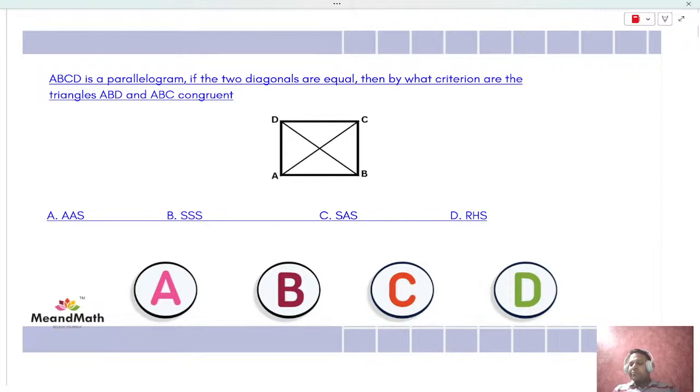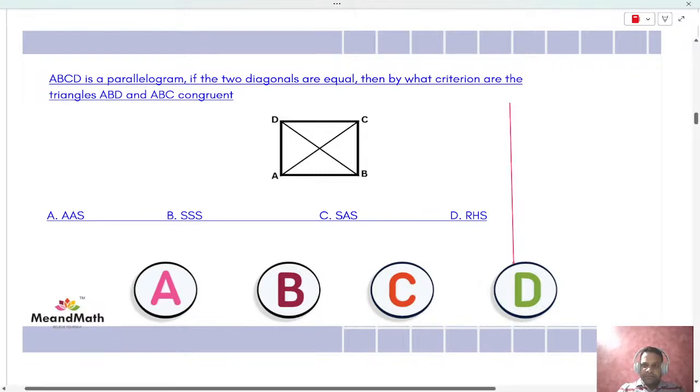जब तक आप क्वेश्चन सोल्व करो, मैं क्राइटेरियाज के बारे में आपको थोड़ा आइडिया दे देता हूँ। यहाँ पर SAS, SSS, ASA, AAS and RHS. S stands for side and A stands for angle.